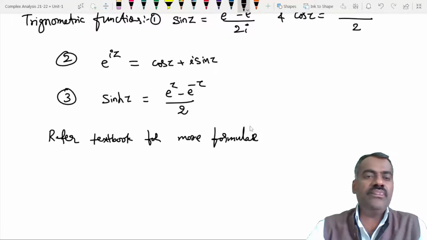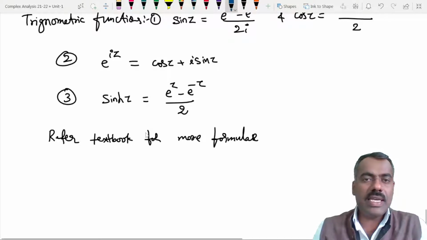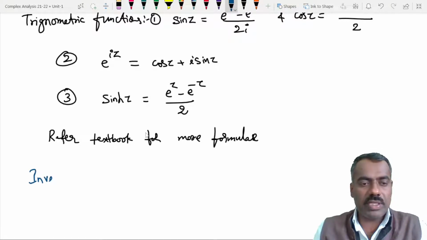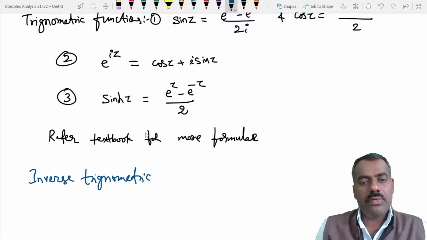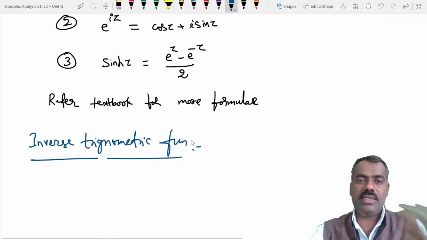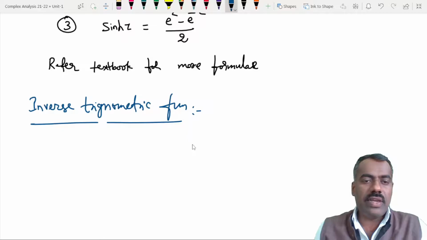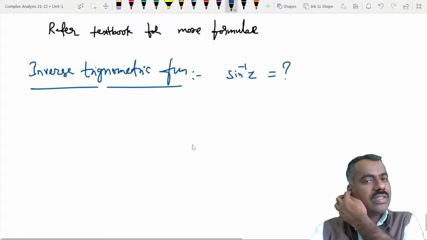What is a little different, at least what we can see here, is the inverse trigonometric functions. For example, we want to know the sine inverse of z. How can we find the sine inverse of z?